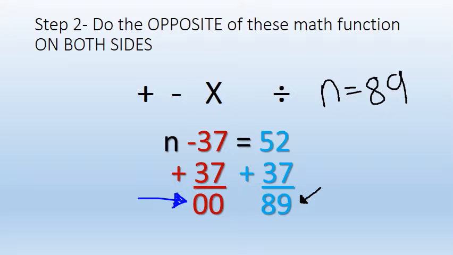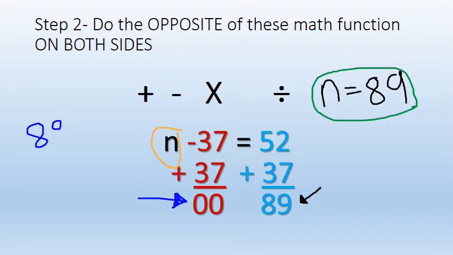Our very last step, we go ahead and we double check our answer. Where there's the n, I can put the number 89. We just found out that n equals 89. It's the same thing as 89. So I'm going to double check my answer. 89 for n, and we do this part just like normal.